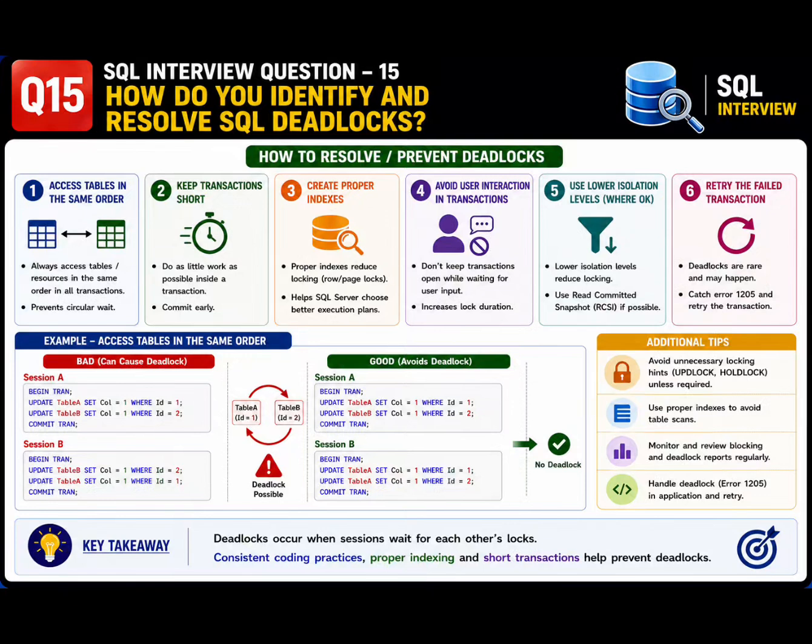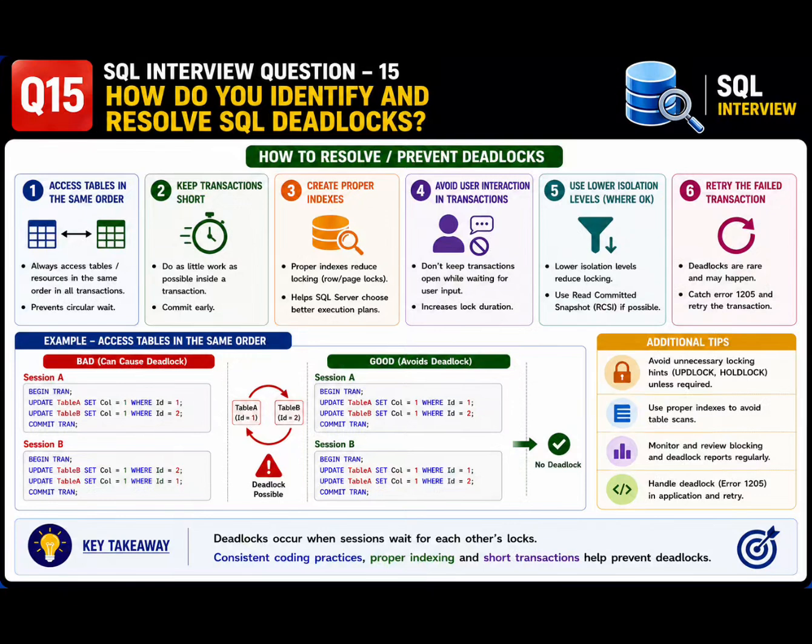Now, the fifth one is, use appropriate isolation levels. When suitable for your application, use isolation levels like read committed snapshot isolation, that is called RCSI, to reduce blocking. Then always choose the isolation level carefully based on business requirements.